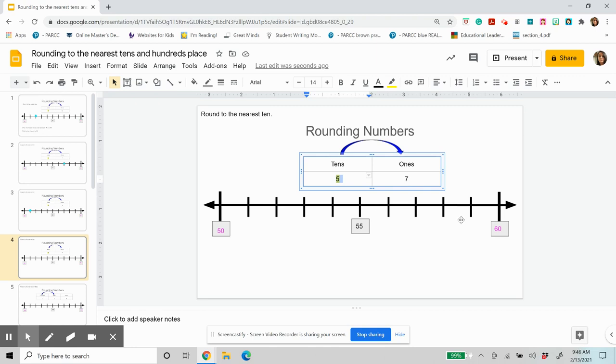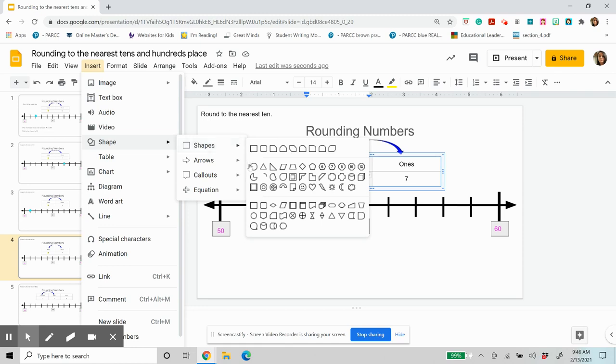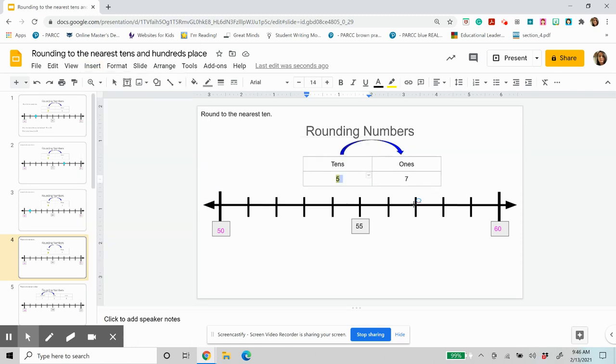Does 7 come on this side of the number line or this side? Well, here's our 5, 6, 7, so it would be on this side, right here. Is it closer to 50 or is it closer to 60? It's closer to 60. So 57 would be rounded to 60.